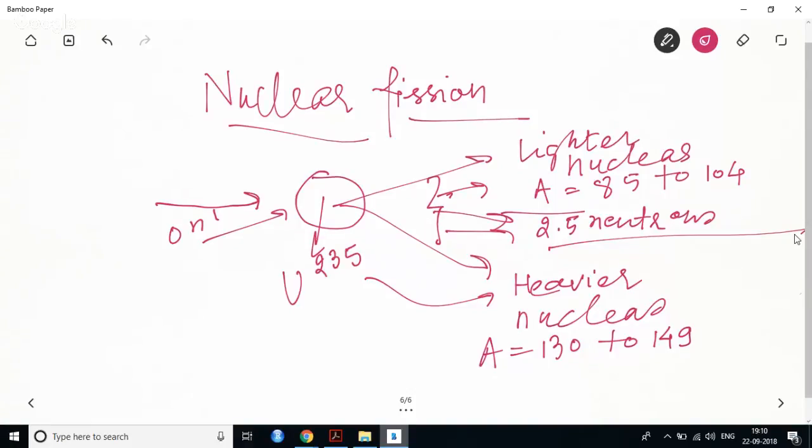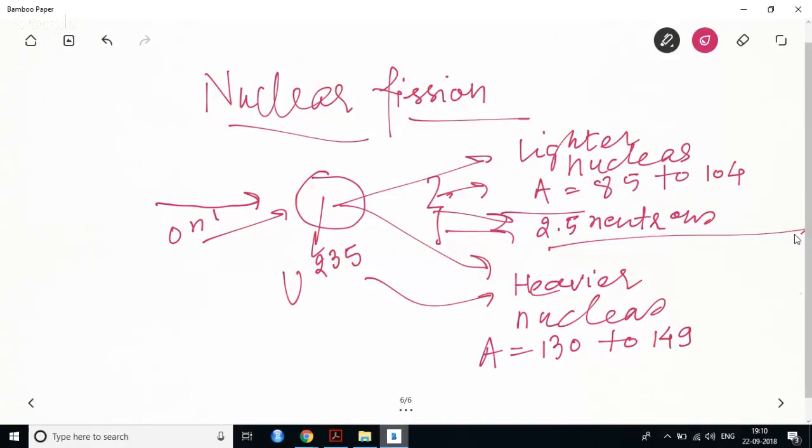Are you guys not able to hear me? Okay. Mansi, is nuclear fission and fusion there in the syllabus? Okay, fine. So if nuclear fission is there, I am explaining nuclear fission to you guys.